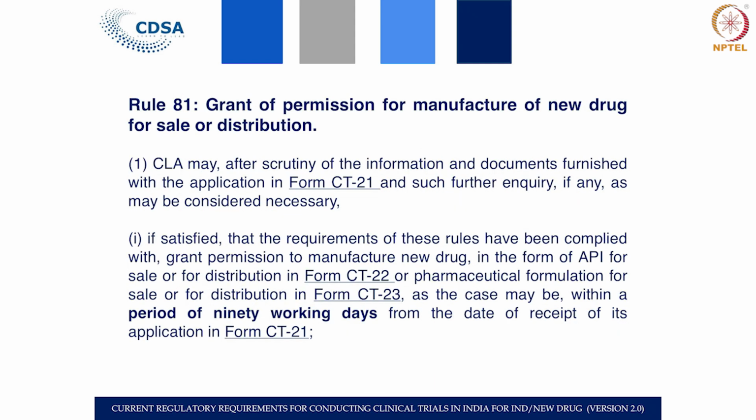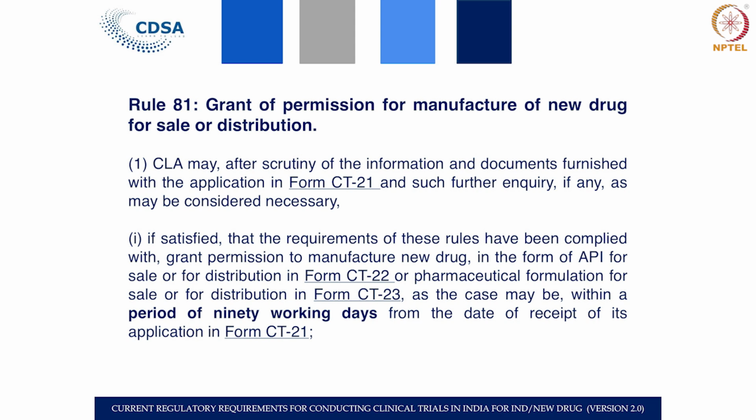Coming to the grant of permission under Rule 81, once the application is scrutinized and found to be fulfilling, the permission is granted. If there are deficiencies and the CLA feels that the deficiencies can be rectified, they will be communicated within a specific timeline and have to be responded to within a specific timeline, and if the response is satisfactory, the license will be granted.